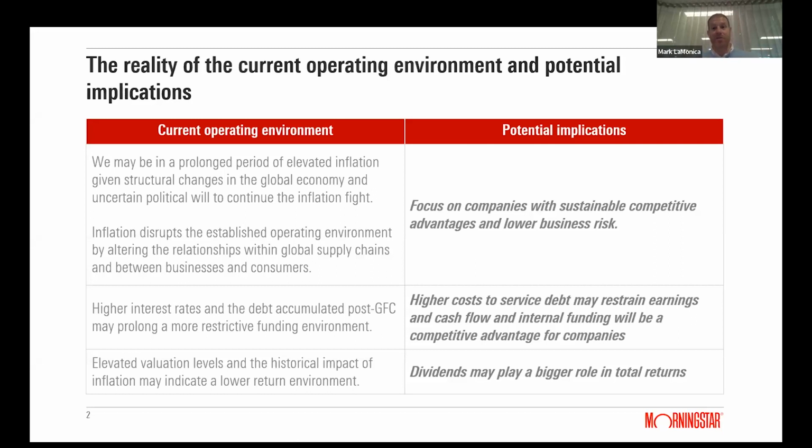That can be pressuring your suppliers to not raise prices. That can be changing the size of your workforce or not giving your workforce raises that make up for what's going on in the economy. So we have to understand that that's incredibly disruptive for companies, and it's also really disruptive to the relationships between business and consumers.